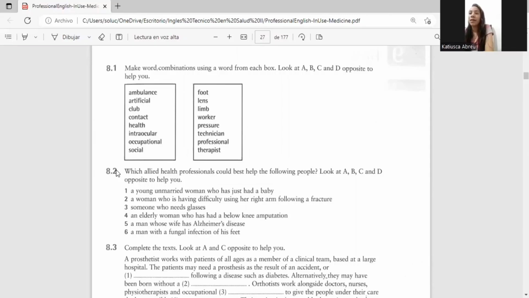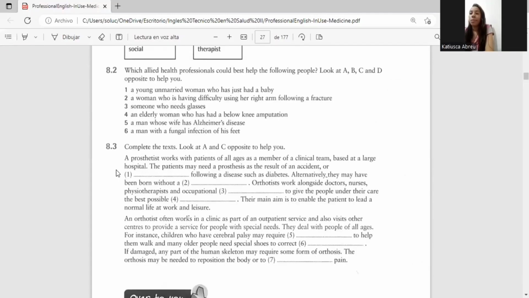Exercise 1. Make word combinations using a word from each box. Example, ambulance technician, artificial limb, sports club, health professional.